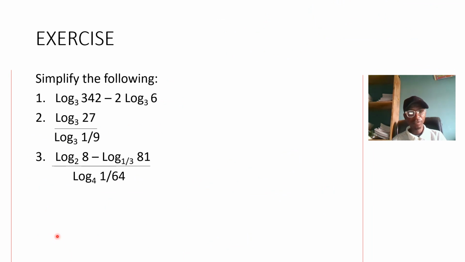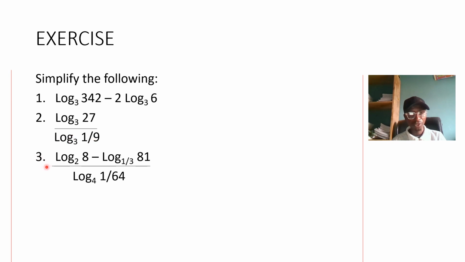So, having tried example 1 and example 2, you should be able to simplify the following exercises. Question 1. Simplify the following: log 342 base 3 minus 2 log 6 base 3. Question 2, log 27 base 3 divided by log 1 over 9 base 3.